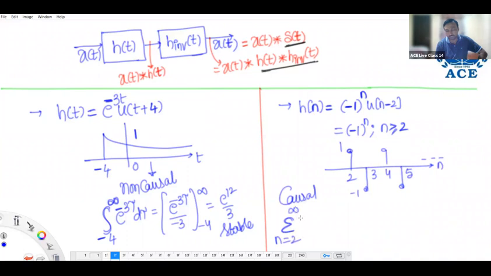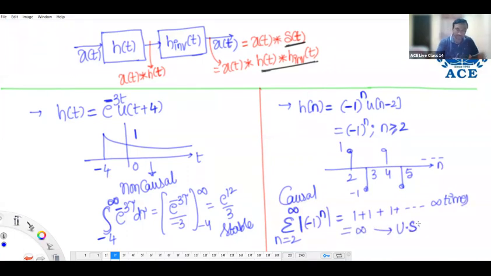Mod h(n) is our condition, don't forget. Don't think of plus 1 minus 1 amplitude levels. Sigma mod h(n): 1 added infinite times, answer is infinity, unstable. There is much difference between normal area and absolute area.